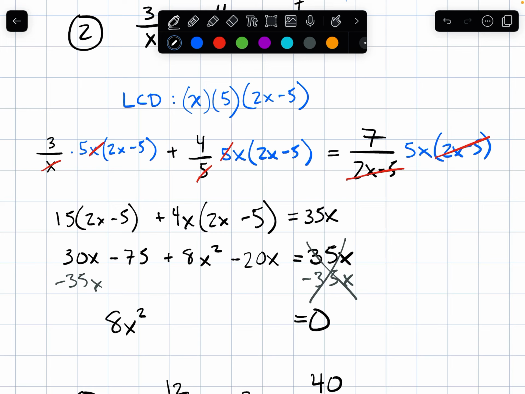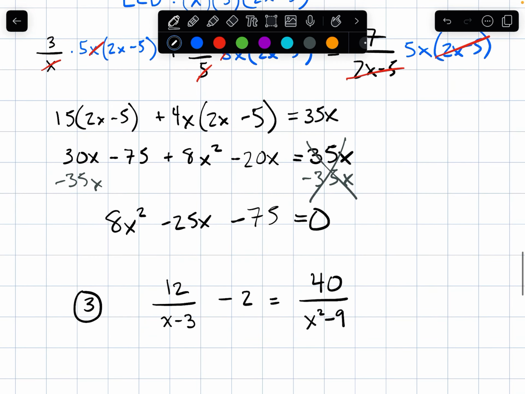Now we have an 8x squared. 30 minus 35 is negative 5, but I also have a negative 20, so negative 5 minus 20 is negative 25x. And then I also have a negative 75. So we've got 8x squared minus 25x minus 75, and we are trying to factor this and see what the solutions are.